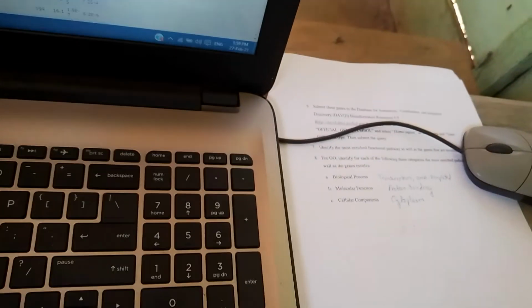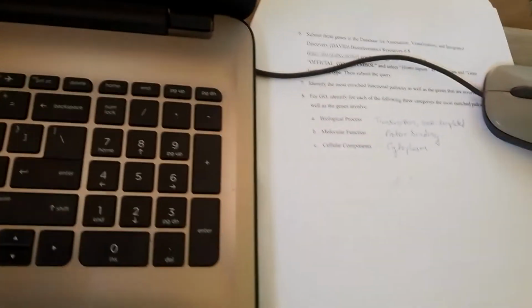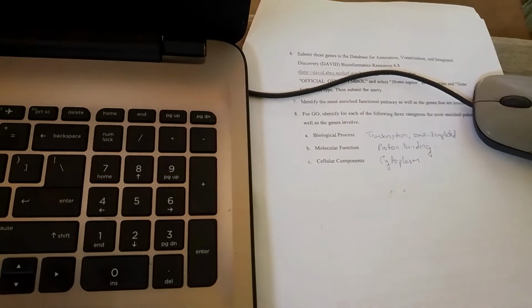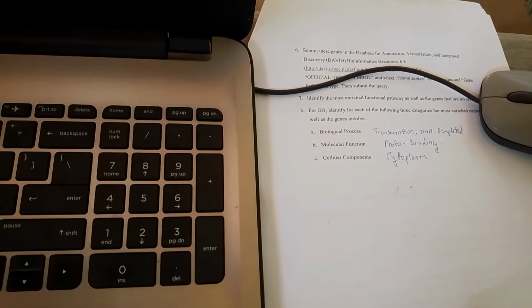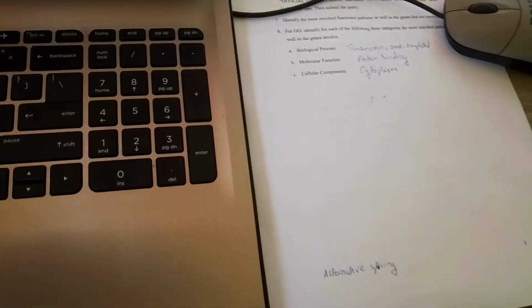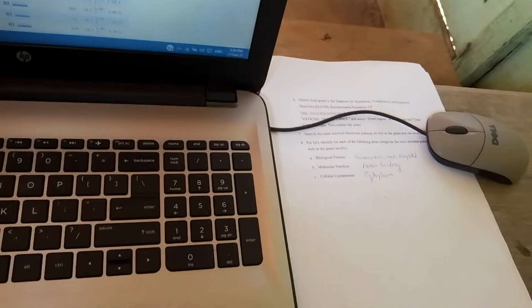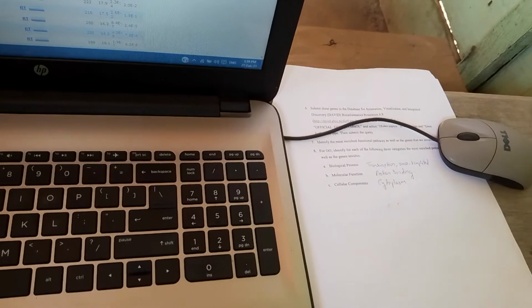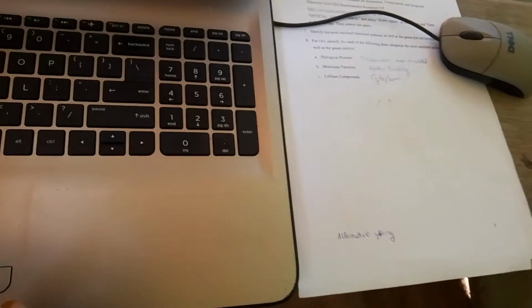Okay? For the mostly enriched functional pathway, we have gotten that alternative splicing is the most enriched functional pathway, and also it might be telling us that that list of genes that we collected, the microRNA that targets those genes might be involved in that alternative splicing. Okay?